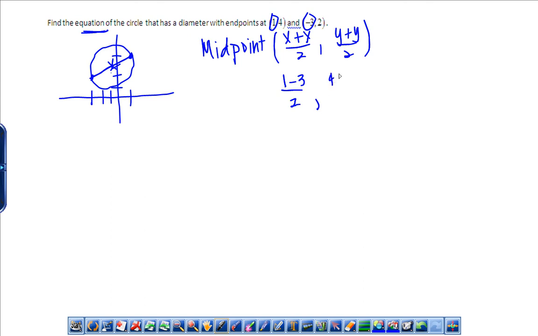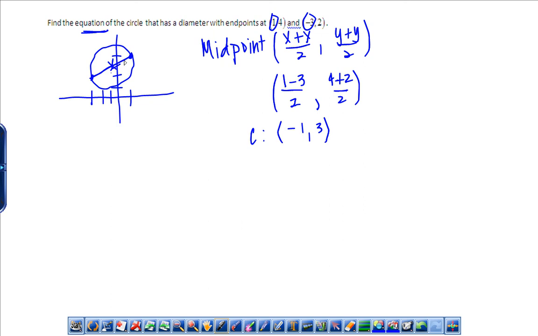And y plus y divided by 2. So we can find the midpoint. This would be my center. So if I add these, this should be negative 1 and 3.